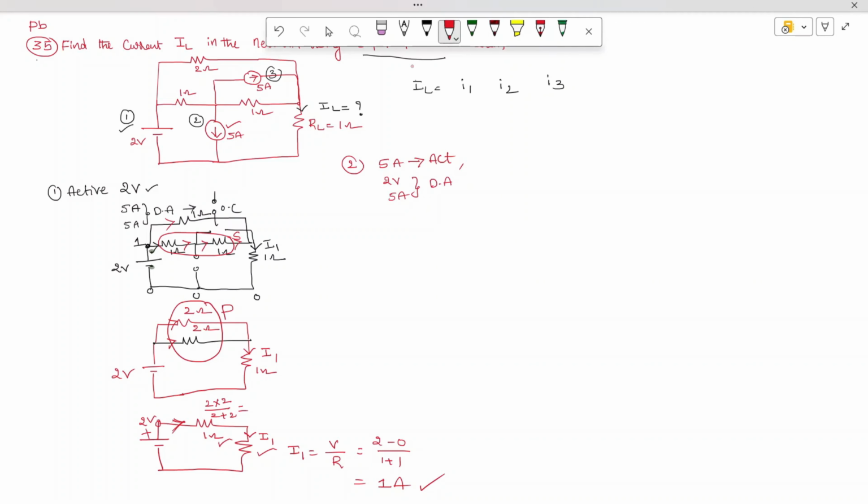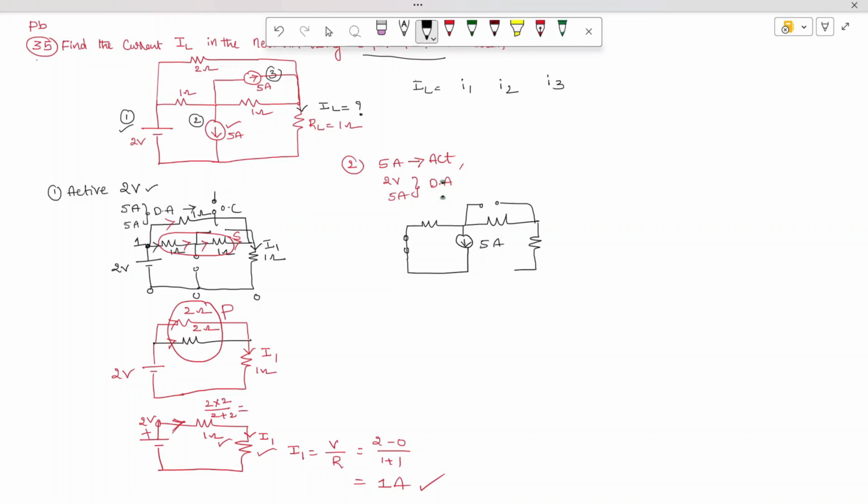You can see carefully here: this 2 volts is short circuited, and here I have 1 ohm and a 5 ampere source. This above source is also deactivated, that's why it is open circuited.